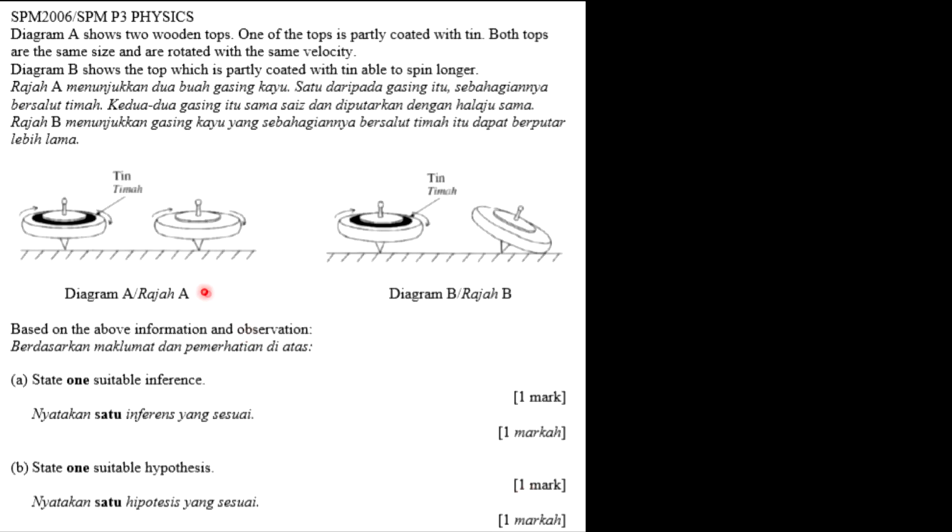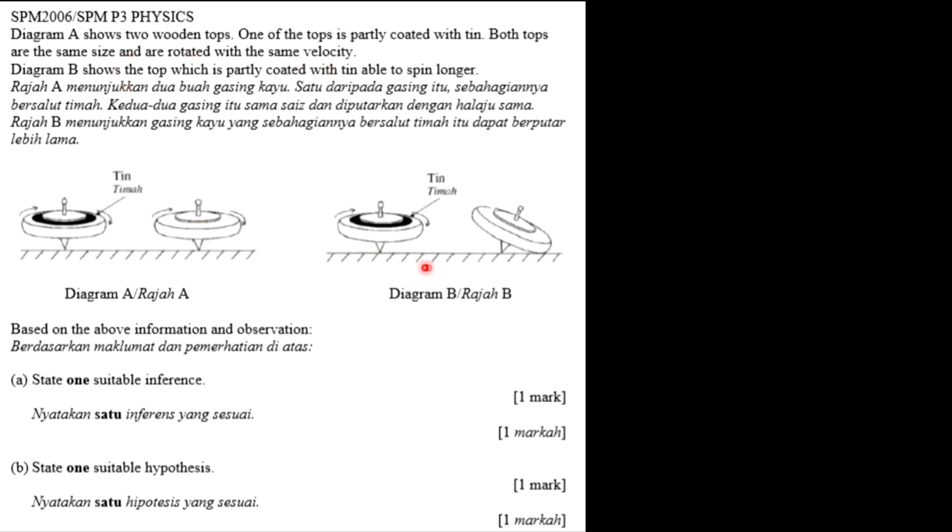So this is similar to the SPM 2016 Paper 3 Section B question, but they have a different diagram. It shows two spinning tops, one coated with tin. The two spinning tops spin, rotating with the same velocity, and they have the same size.